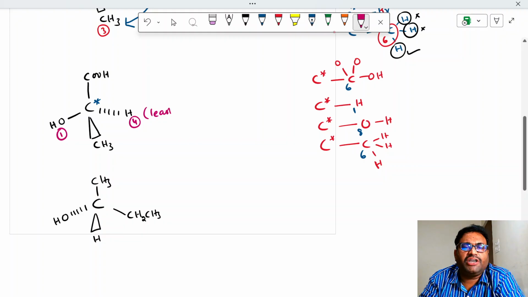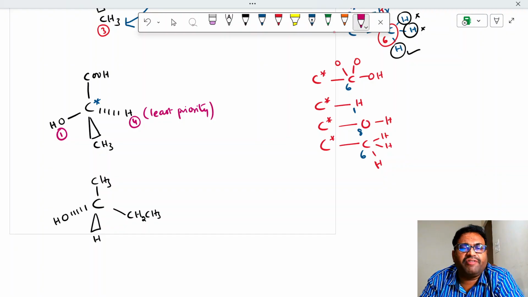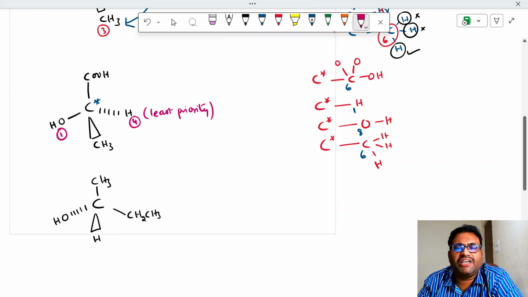So anyway, the least priority is away from the plane. What does this dotted line represent? This dotted line represents that the group is away from the plane. Now among COOH and CH3, which has more priority? Directly attached atoms are the same, carbon and carbon.